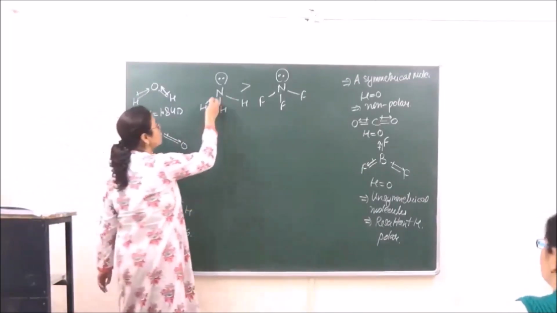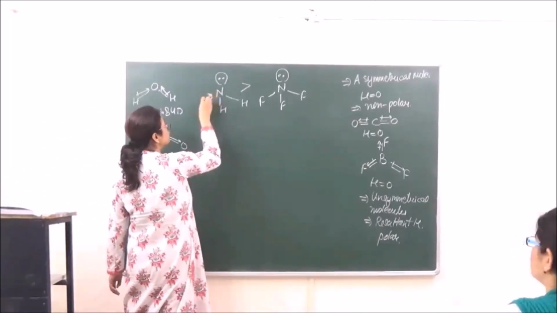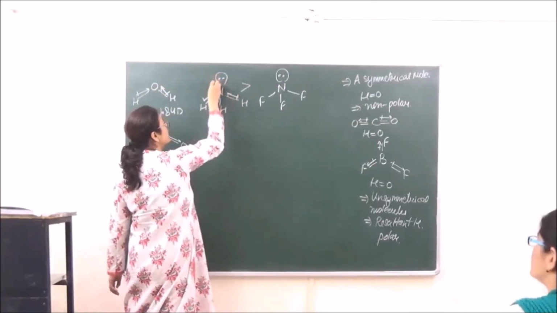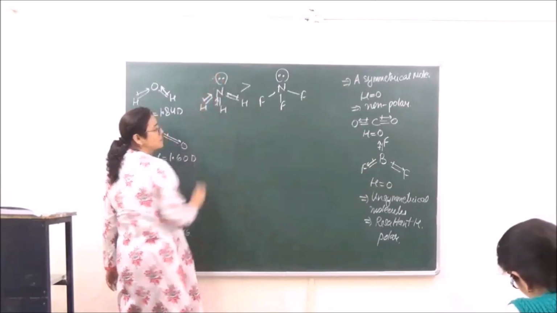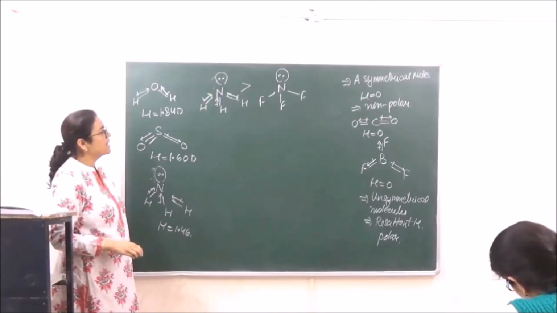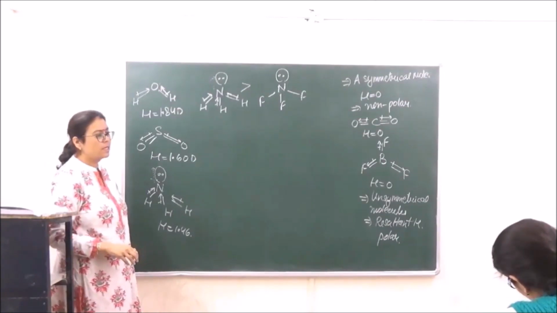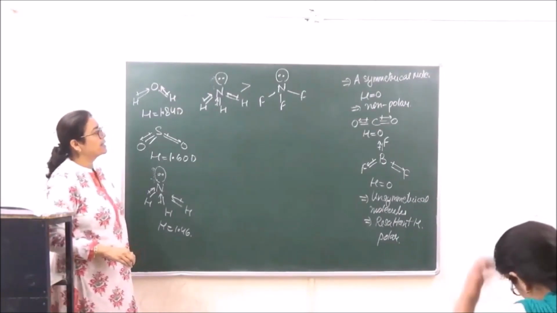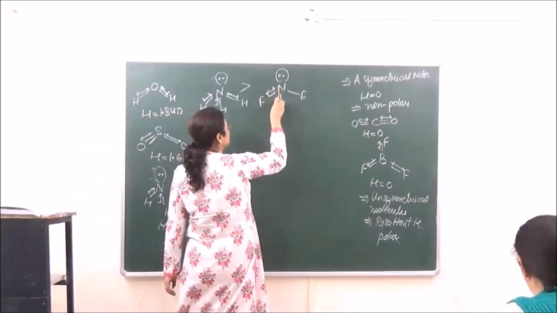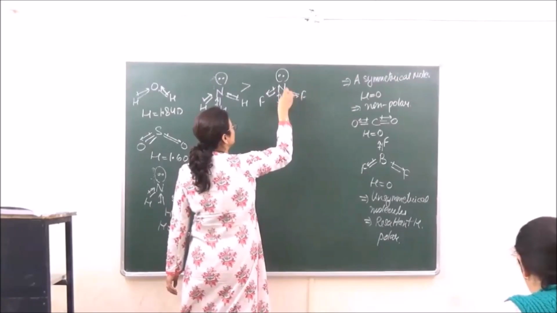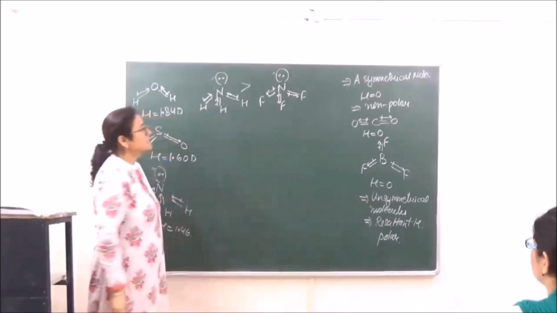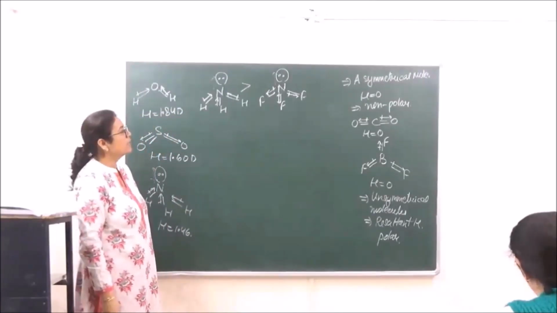In case of ammonia, nitrogen is going to be more electronegative. Okay? The dipole will go towards the lone pair of electrons. So the resultant dipole is all in the same direction. Therefore, the resultant dipole over here is going to be greater. But when we are talking of NF3, this is fluorine being more electronegative.